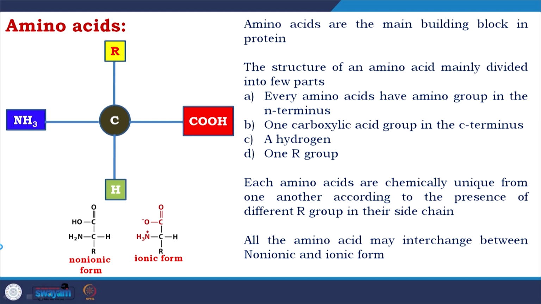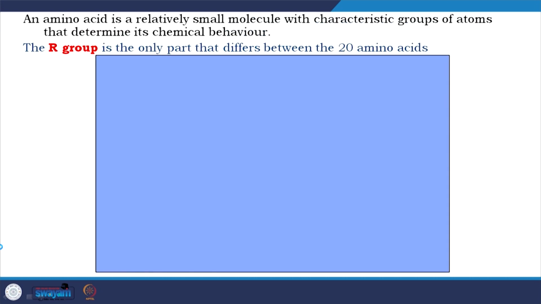All the amino acids may interchange between non-ionic and ionic form, as you have seen in the picture.